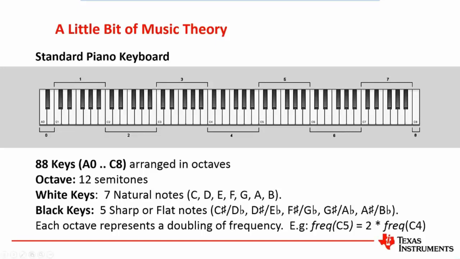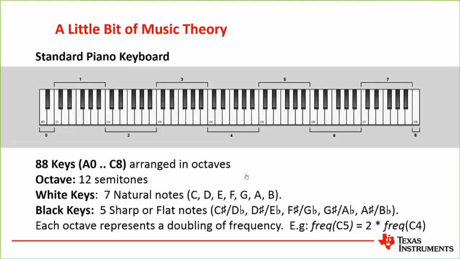The science or physics part that we introduce here is that an octave represents a doubling of the frequency of the note. So the frequency of C5 is 2 times the frequency of C4.